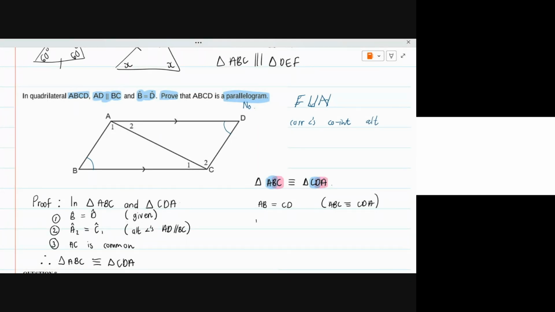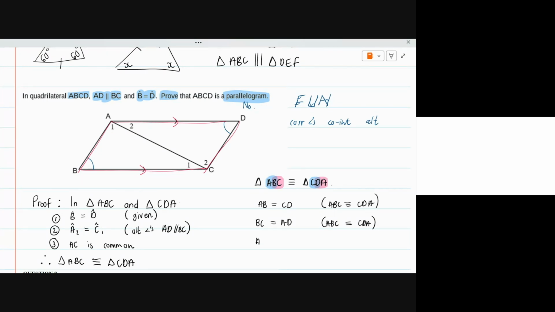We can say BC is equal to AD for the exact same reason that triangle ABC is congruent to triangle CDA. Now that we've proven that this side is equal to this side, that side is equal to that side, and we know that AD is parallel to BC, those are three reasons. That's enough for us to say that ABCD is a parallelogram.